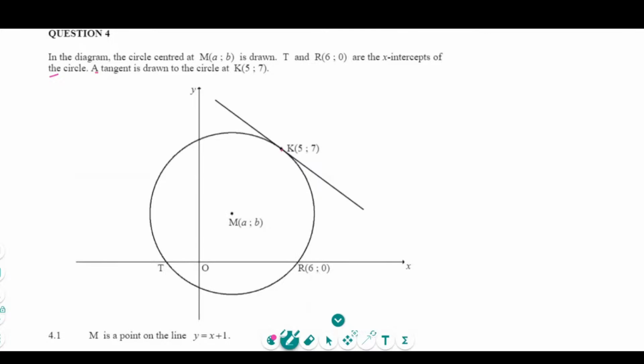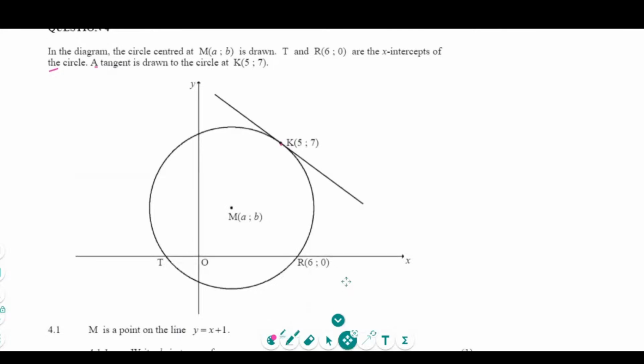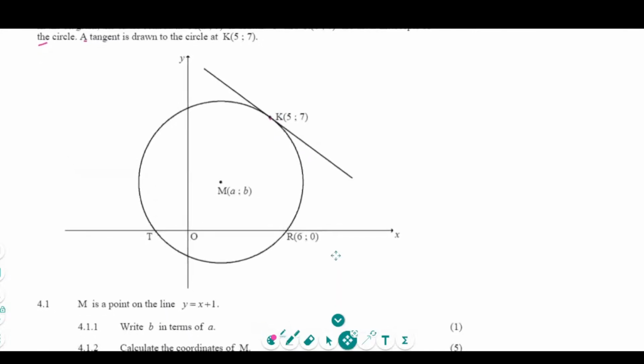Then 4.1, asking us that M is a point that is on the line y is equal to x plus 1. Where do we think this line is passing? We know that this is the y-intercept, which is cutting 1 somewhere there, and the line must pass through M. That's how a line looks like.